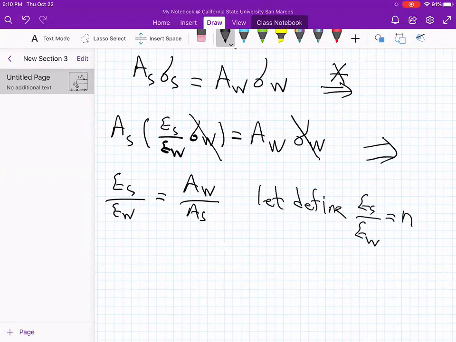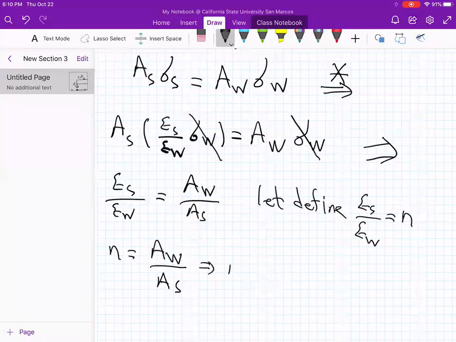Therefore, N would be equal to AW over AS, which means AW would be N times AS, right? So it's very interesting now.